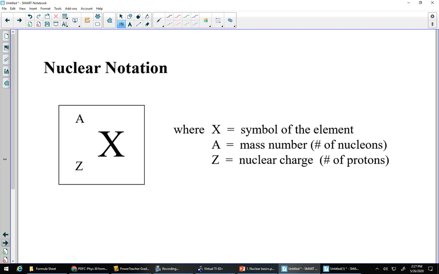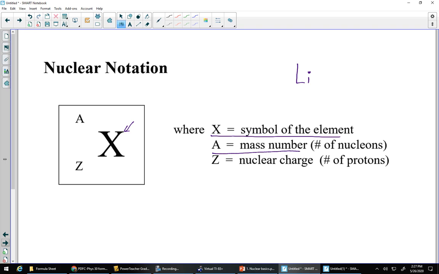Nuclear notation. This is where we get into stuff that you may or may not have learned about in Science 10. It's technically not part of the Science 10 curriculum, but I know a lot of teachers go over it very briefly because they know it's going to help you out here. Nuclear notation is a way to represent different isotopes. We'll talk about isotopes in a split second, but X is the symbol of the element. For example, lithium, Li.